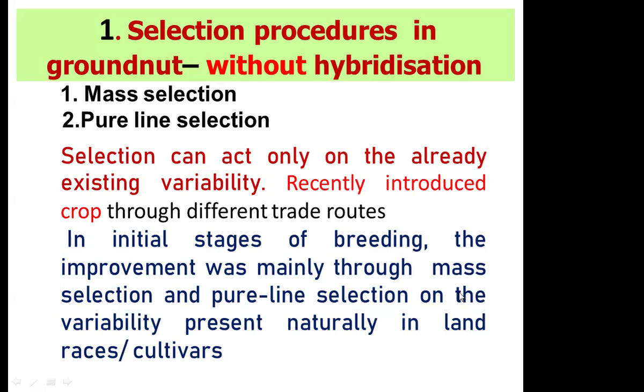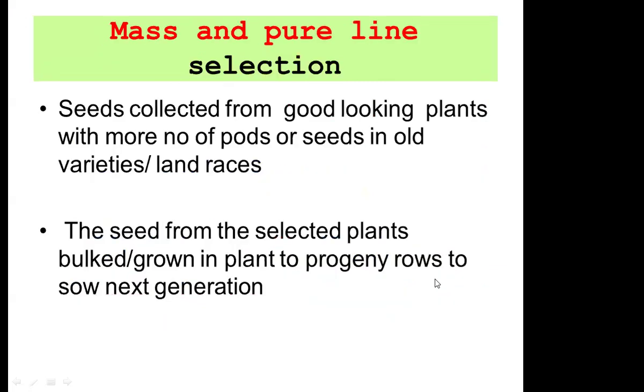So in the beginning, whatever varieties were developed were through these two methods, mass selection and pure line selection. Next slide, please. Mass selection means looking for similar-looking plants, collecting the pods from those plants, and pooling them.